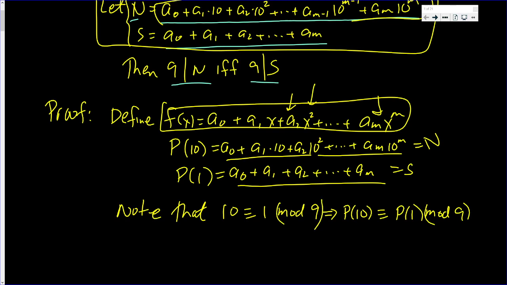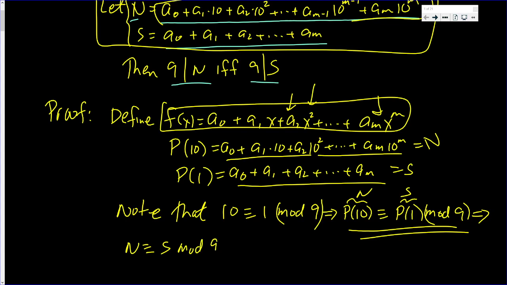Now, let's see. If this is true, what is going to follow? I just want to think about how to write it up. Well, because that's n and this is s, it says n is congruent to s modulo 9.